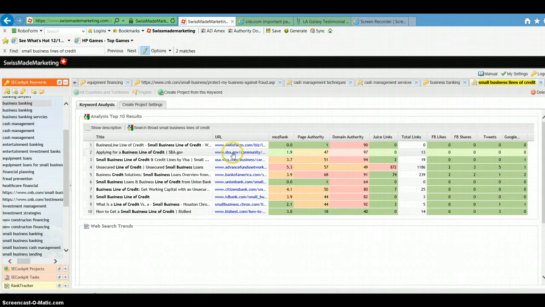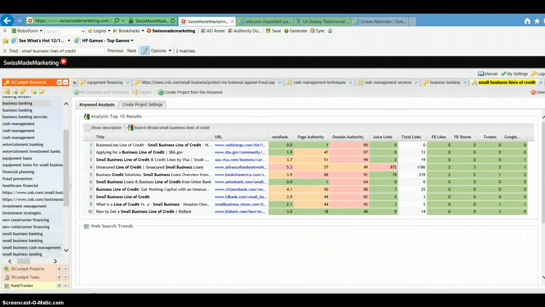So these 3 are, but here we start getting into a site that we could probably overcome, as well as this one and possibly this one as well as this one. So we can then determine that small business lines of credit would be a good keyword for this page.